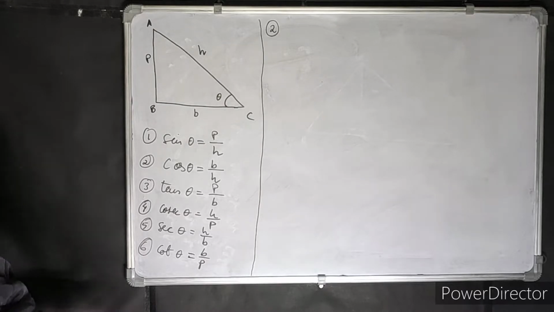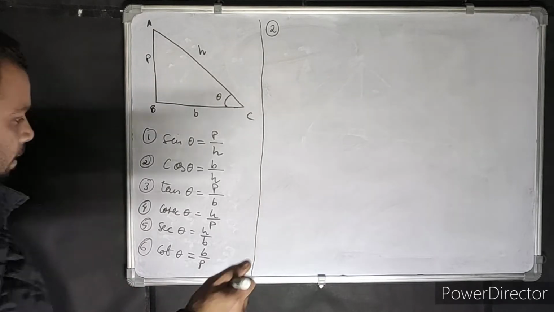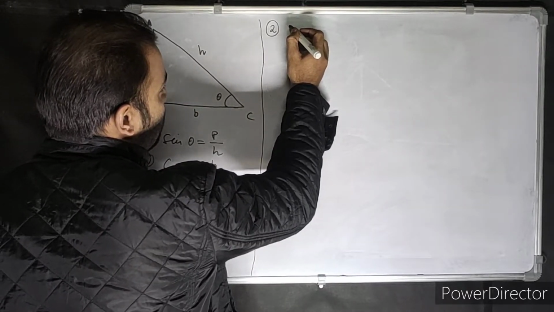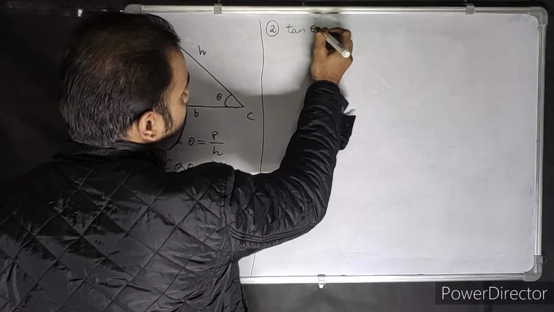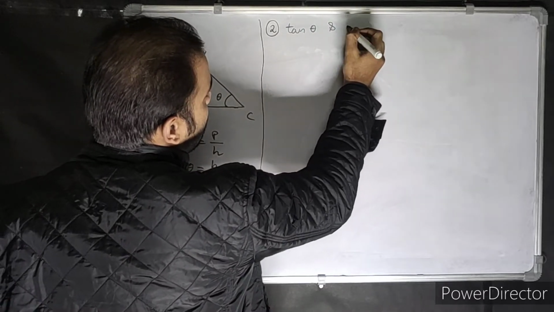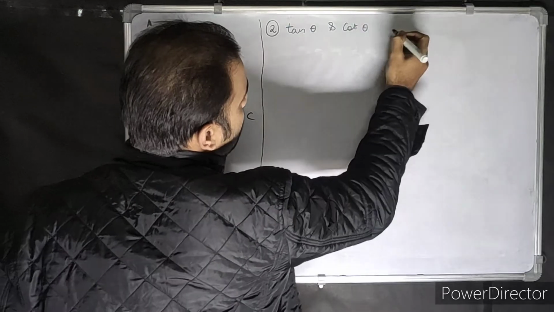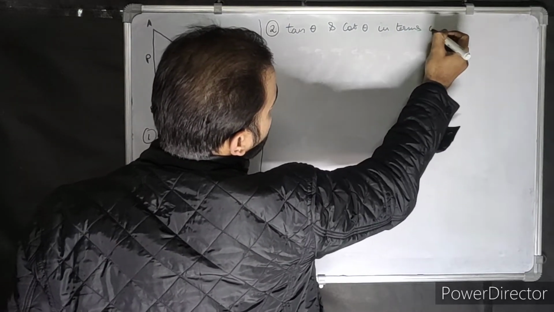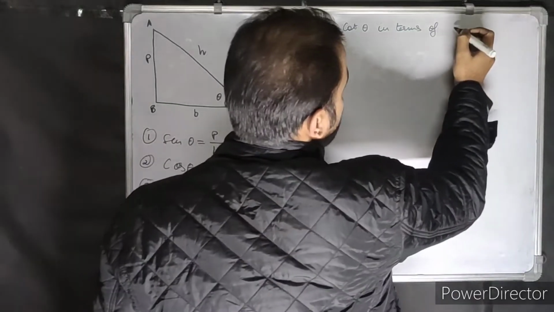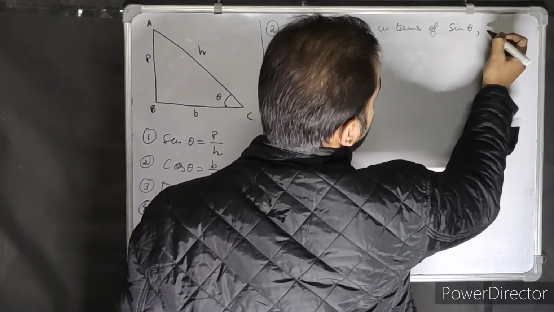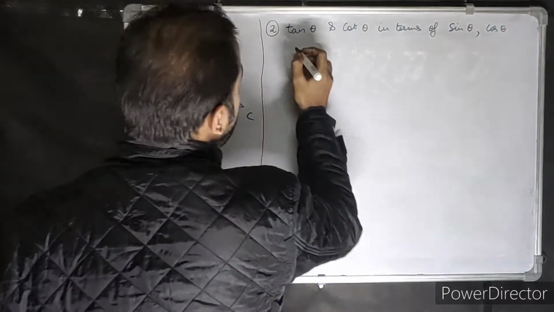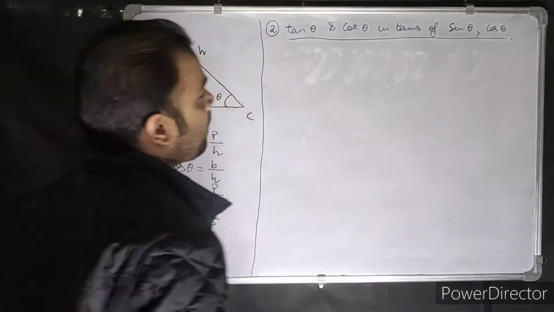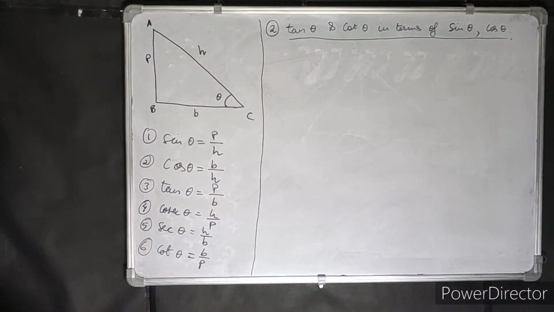In this part, you have to write tan theta and cot theta in terms of sin theta and cos theta. How to write tan theta and cot theta in terms of sin theta, cos theta?